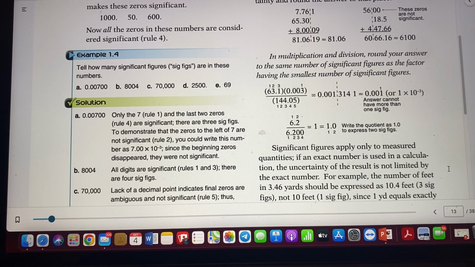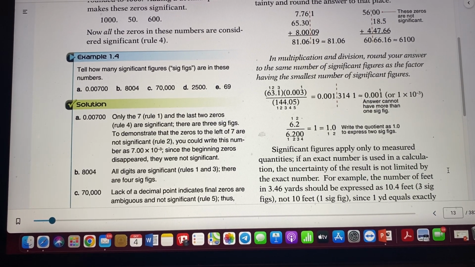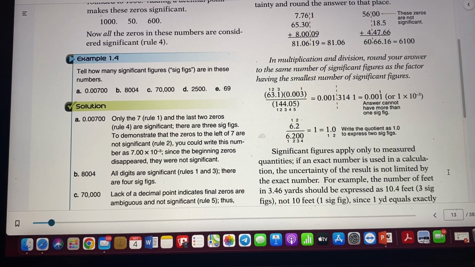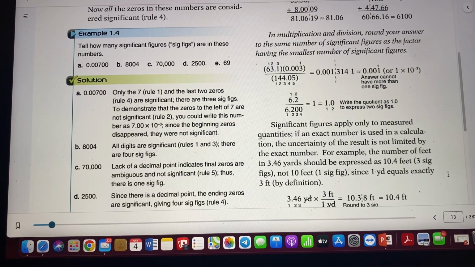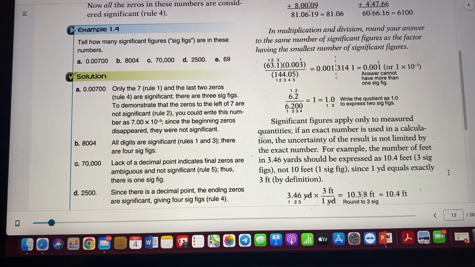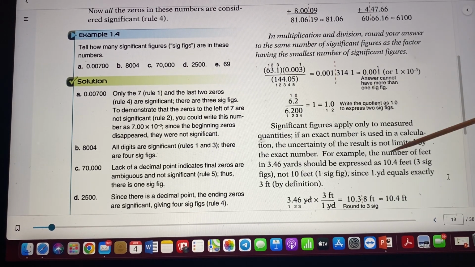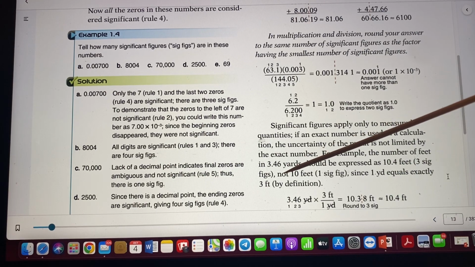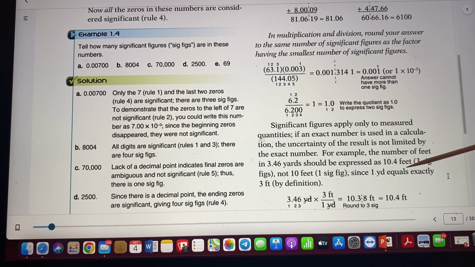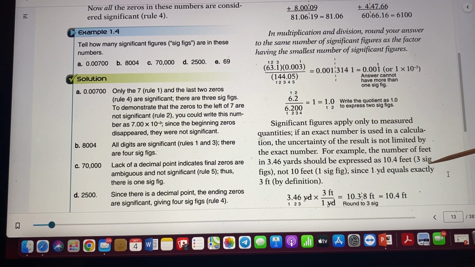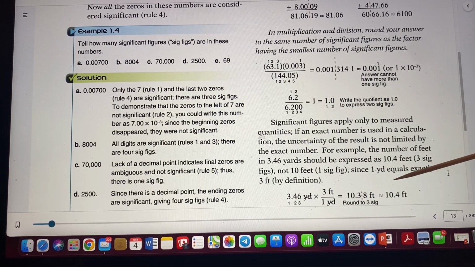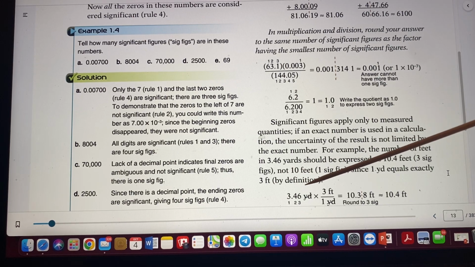Significant figures apply to measured quantities, but if an exact number is used in calculations, you don't use significant figures for it. For example, the number of feet in 3.46 yards should be expressed as 10.4, not 10 feet with 1 sig fig, since 1 yard equals exactly 3 feet by definition.